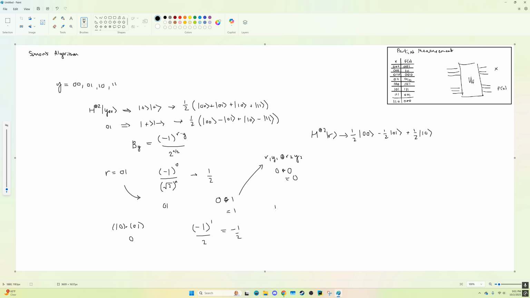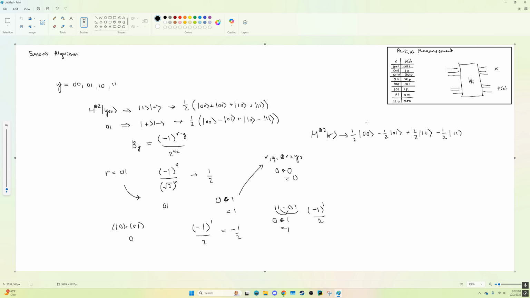And then finally, if we do 1, 1 inner product with 0, 1, which is r right here, then we're going to get 0 XOR 1, because the 1 and 0 multiply to 0, and 1 and 1 multiply to 1. This is equal to 1. So we get minus 1 to the 1 over 2, and we get minus 1/2 for the last portion, which is 1, 1.